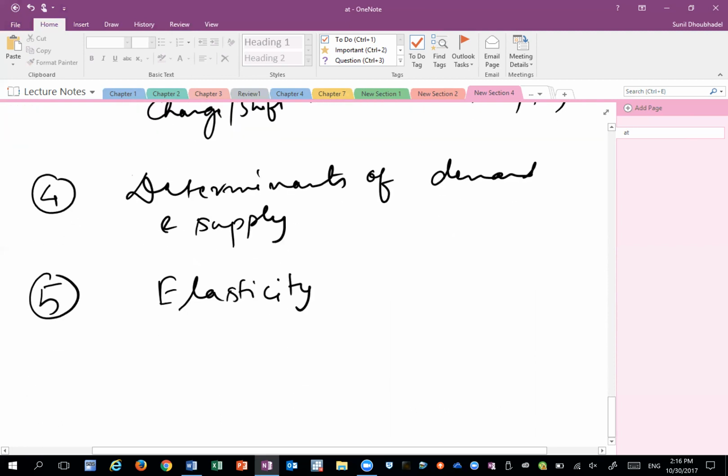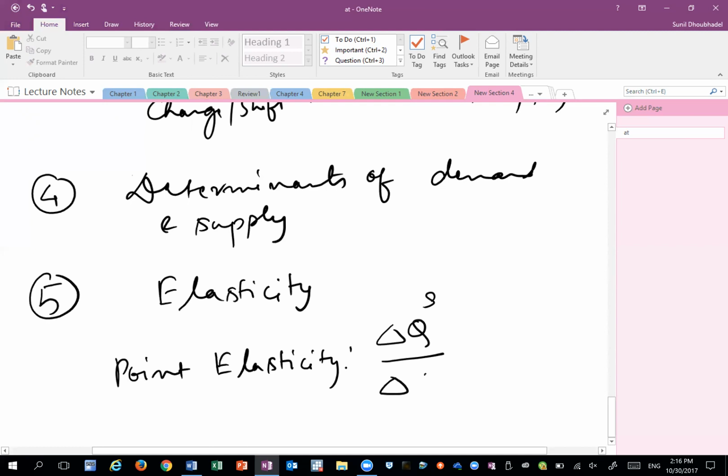Elasticity. We learned two ways to find elasticity. One is point elasticity, right? The formula for that is what? Let's say we are talking about point elasticity of supply, then the formula would be change in quantity supplied, change in price, times price by quantity supplied.